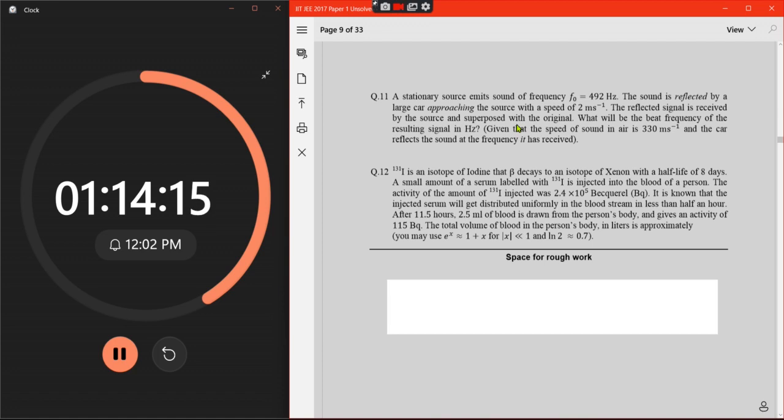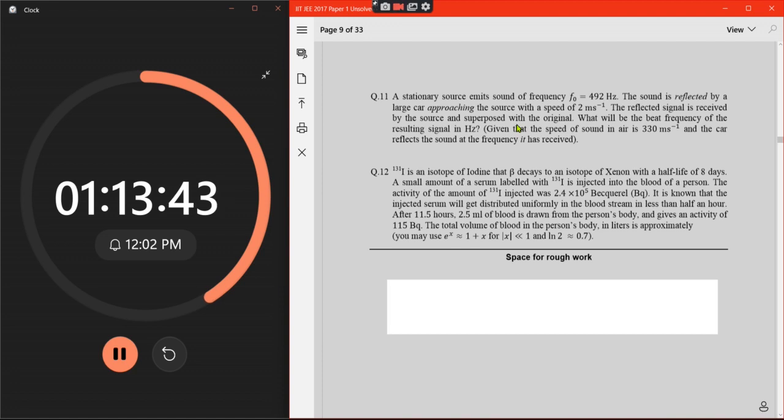So this is a stationary source, so V source equal to 0. Frequency is initially just 492 hertz. Whatever the beat frequency is, it's easy.